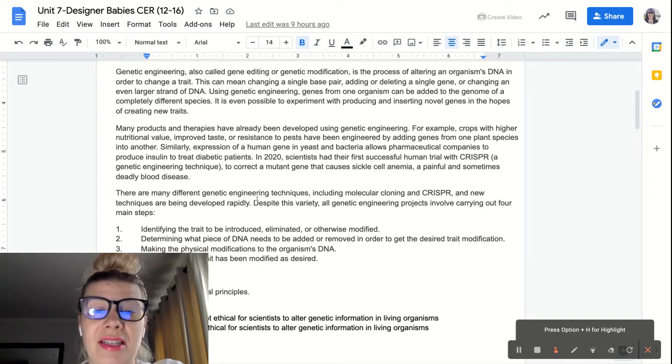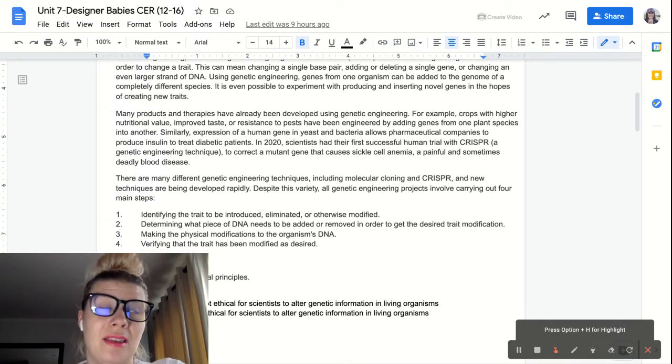There are many different genetic engineering techniques, including molecular cloning, so cloning molecules, and CRISPR, and new techniques are being developed rapidly. Despite this variety, all genetic engineering projects involve carrying out 4 main steps. So this is basically saying what are the overall steps that scientists use to edit genes.